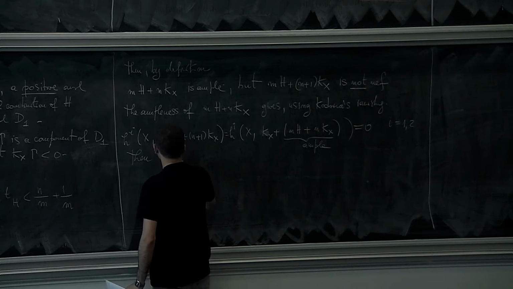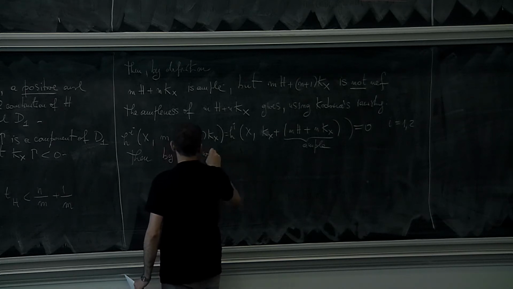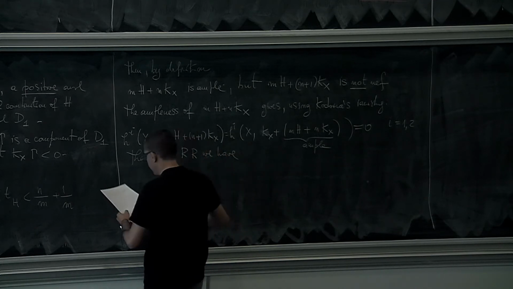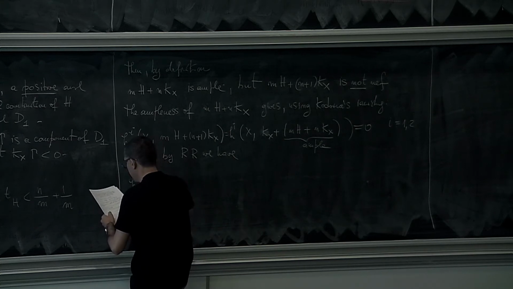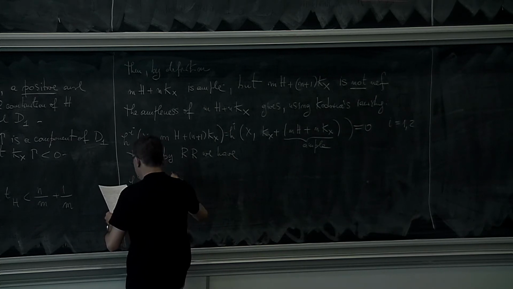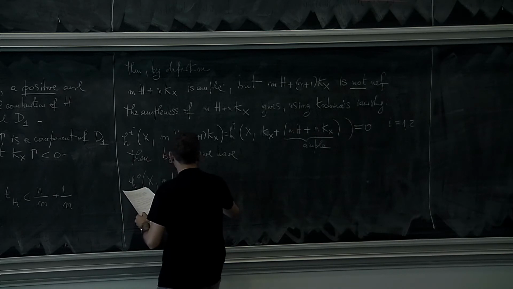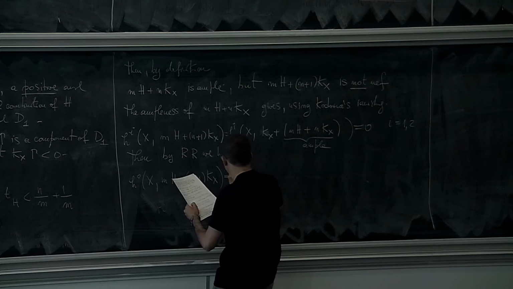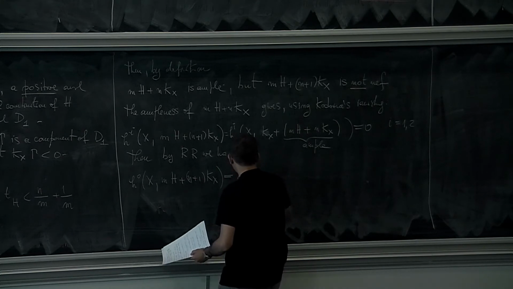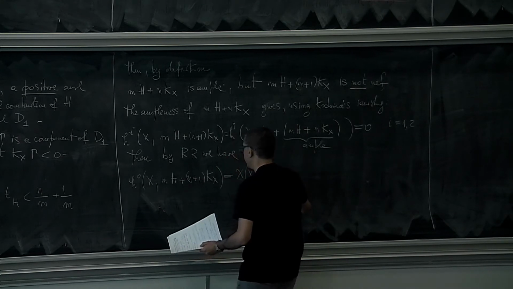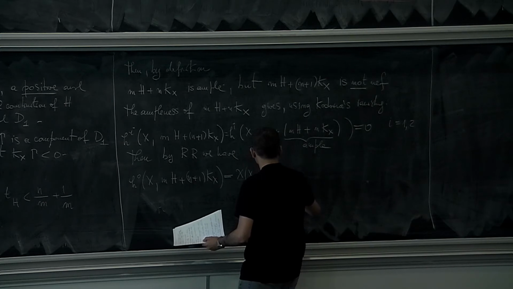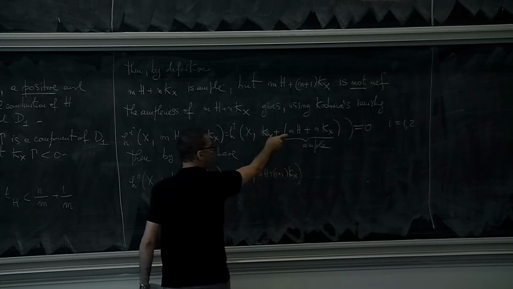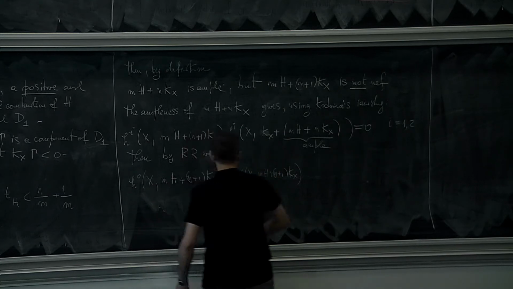Then by Riemann-Roch, we have that H^0(X, mH + (n+1)KX) is equal in this case to chi, because there is no H^1, there is no H^2.